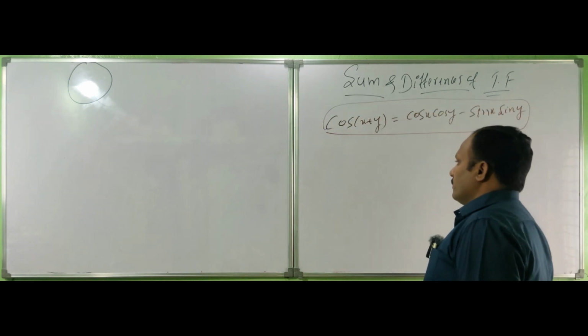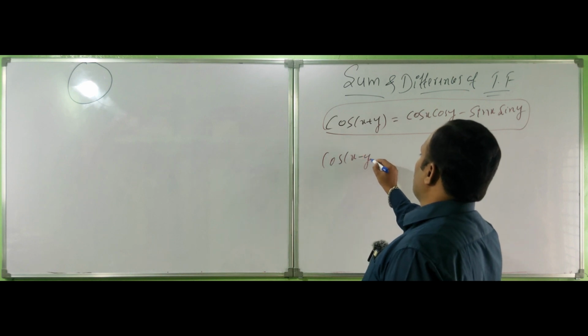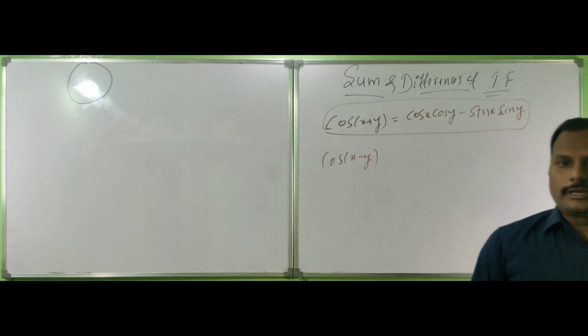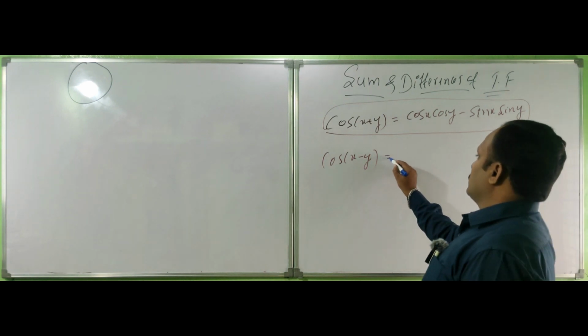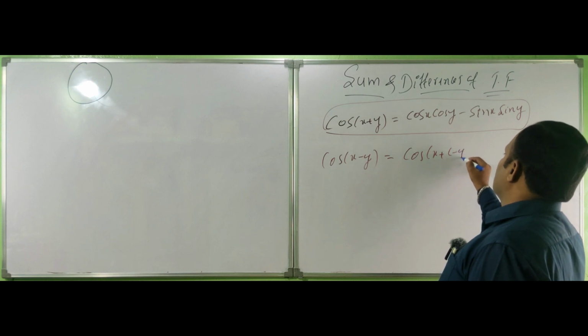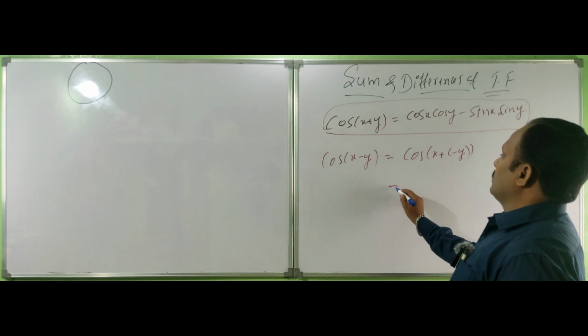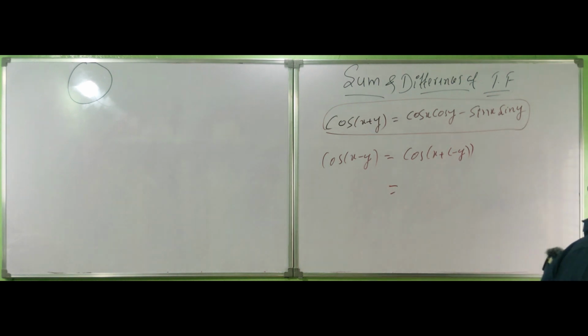Now cos of (x minus y). How am I going to write this one? I am writing cos of (x plus minus y). Just follow this identity.